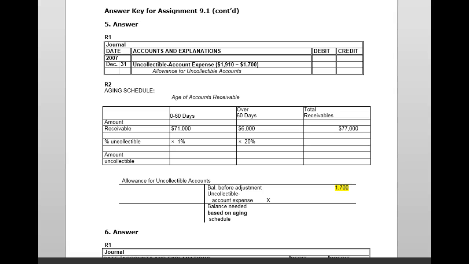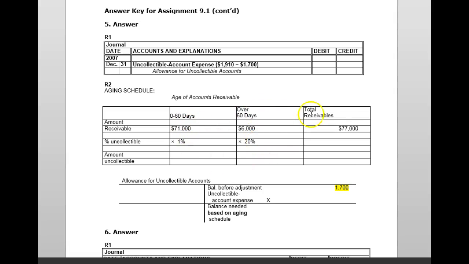Now, this is the second method, and this is the one I talked about, where you continually reevaluate the entire accounts receivable, just not the net sales. So how you handle this is you look at the entire accounts receivable and you look at the amount that's over 60 days and the amount from 0 to 60 days, and you estimate how much is going to be uncollectible in each one of those periods.